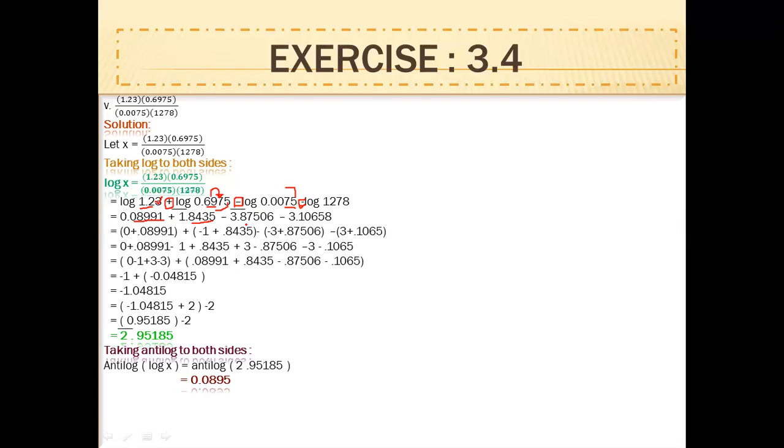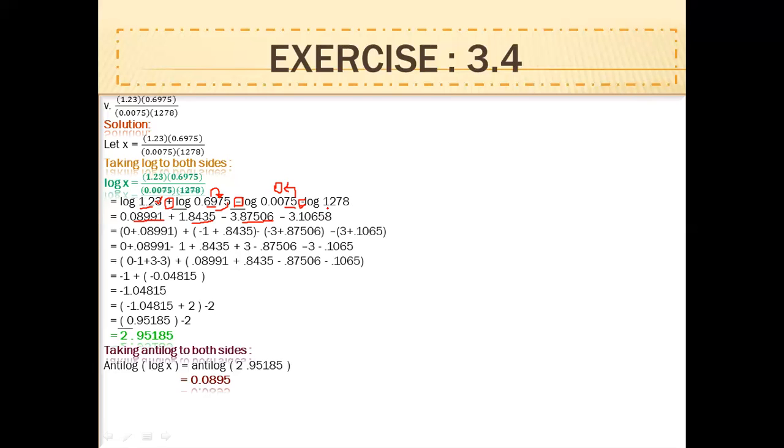For 0.0075, you check 75 in the column of 0 because there is no number after 75, and the mantissa becomes 0.87506. Characteristic is minus 3 and mantissa is 0.87506.